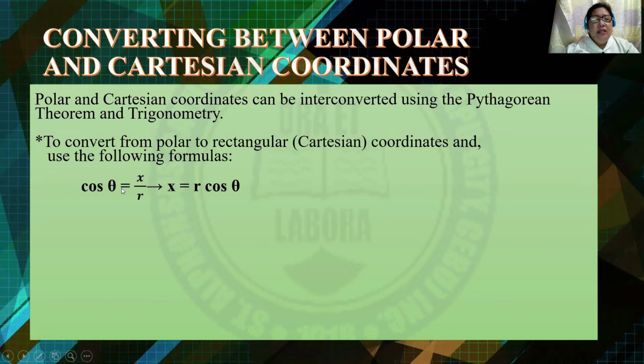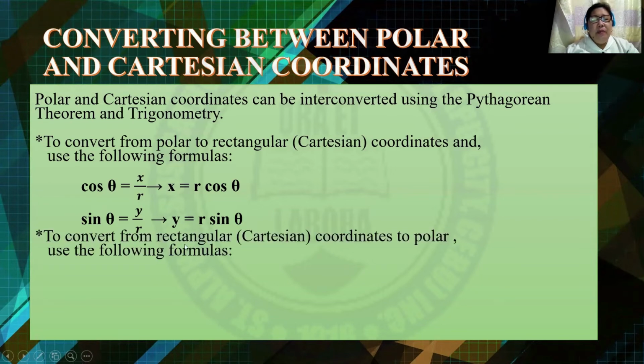Cosine theta is equal to x over r, wherein when we cross multiply, we will have x is equal to r cosine theta. Then sine theta is equal to y over r. Cross multiply, then we will have y is equal to r sine theta.